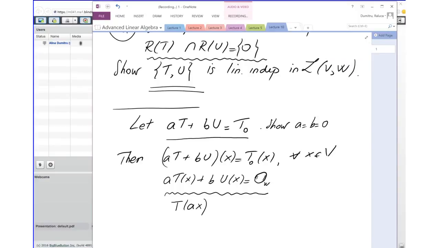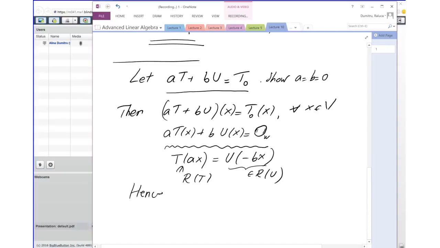But what I want to do is to create some kind of equality between something involving T and something involving U. So I'll move U to the other side and incorporate the negative sign as well. So now we have T of something equals U of something. And we know, of course, this T of something belongs to the range of T, and this U of something belongs to the range of U. But those two sets only intersect in the zero vector, right?